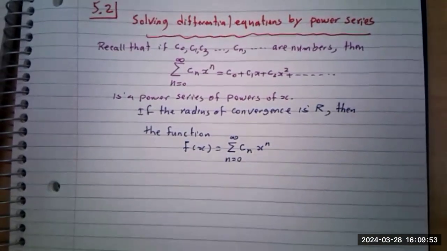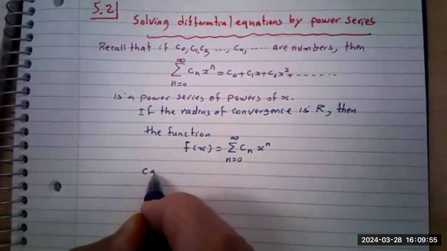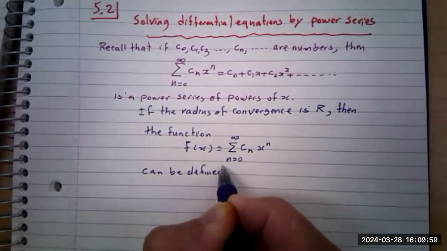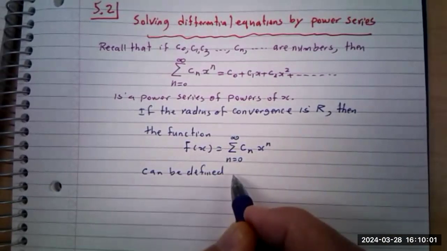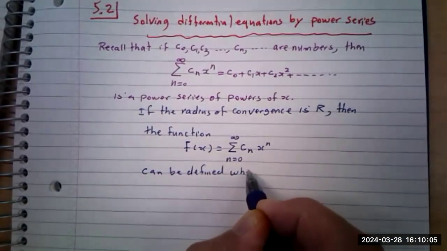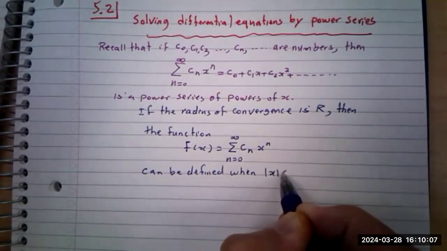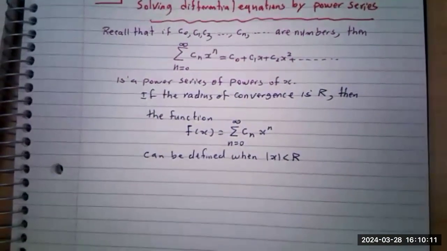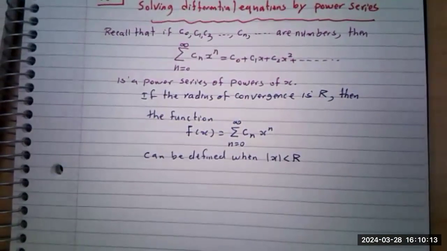Okay, this function can be defined now, and the domain of the function is going to be the domain of the convergence set. It's going to be defined when the absolute value of x is less than r. So there's going to be an interval, negative r, positive r. If you take any number in that interval, you get the power series.